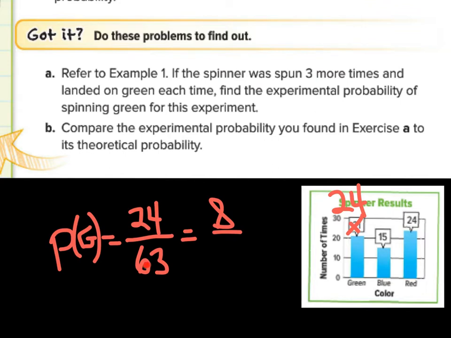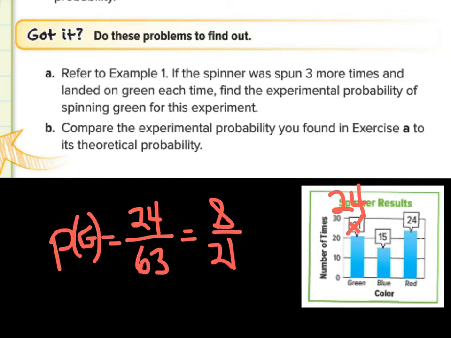And if we add the 6 and the 3 together, 6 plus 3 is 9. 9 is a multiple of 3. So this is also divisible by 3. And 63 divided by 3 is 21. So 8 over 21. Meaning for every 21 times that I spin, I'm going to get 8 green.